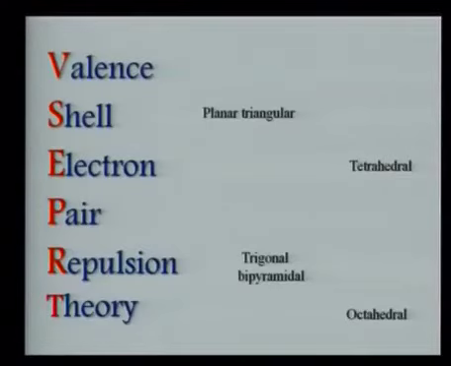Now we can move on, because hybridization relates to the valence shell electron pair repulsion theory also. As we know very well, hybridization means that electron pairs should be arranged in such a way that there is minimum repulsion.